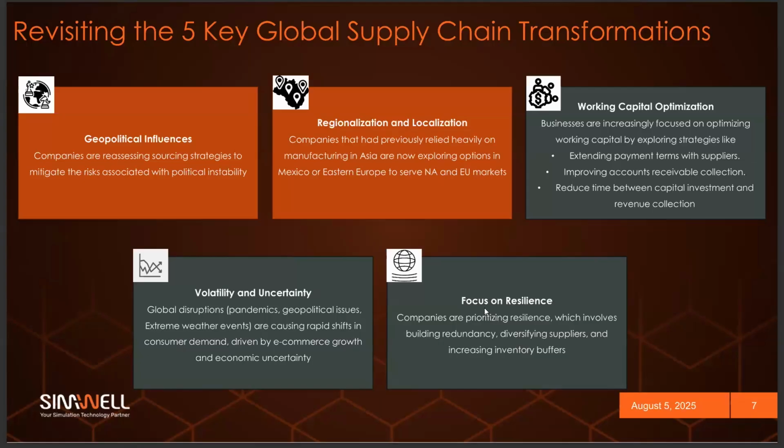We will be covering how to do working capital optimization and how to include volatilities and uncertainties in the supply chain and evaluate the health or robustness of our supply chain, and how we should focus on resilience. anyLogistix has excellent capability in evaluating supply chain resilience. So we will focus on all these topics in upcoming webinars. Yeah, that's it. Thanks, Irshad.